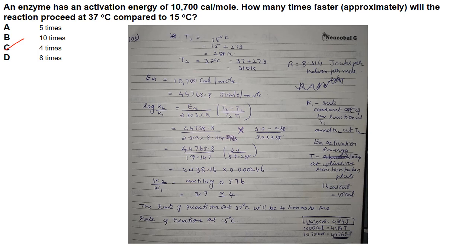Ea is the activation energy and R is the gas constant, and upon substitution you will get 4 as the answer. So it is 4 times. The rate of reaction at 37 degrees Celsius will be 4 times the rate of reaction at 15 degrees Celsius.